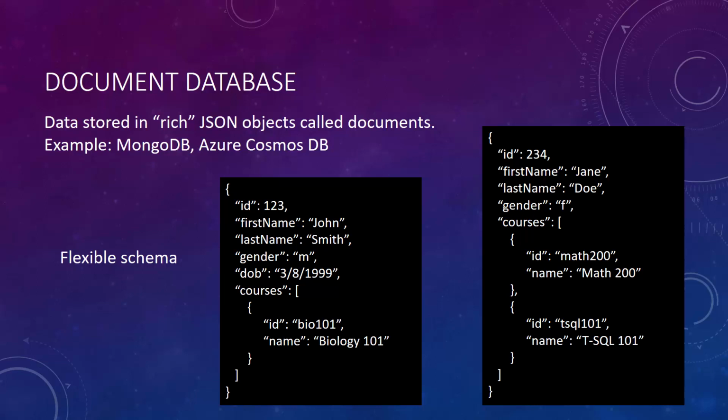And that has some performance and cost implications. When I say cost, I really mean execution cost in terms of system resources, whether it's CPU or memory, or the time it takes to perform those queries. And if we're using a document database, we can just pull this single JSON object.